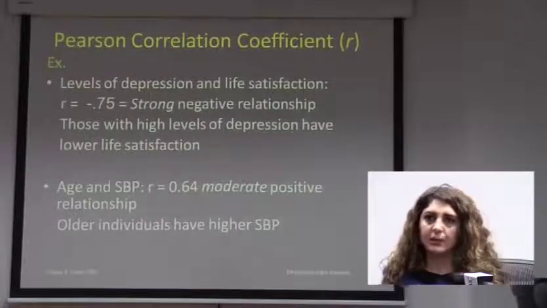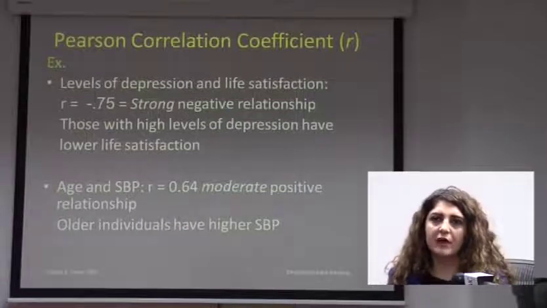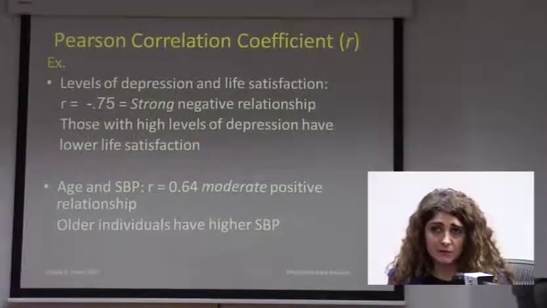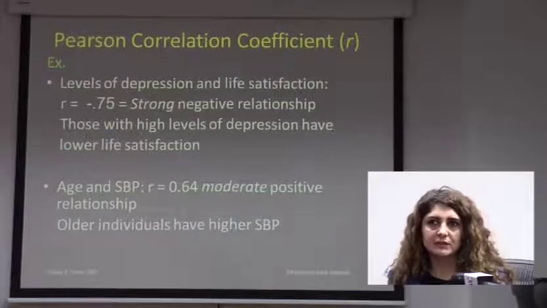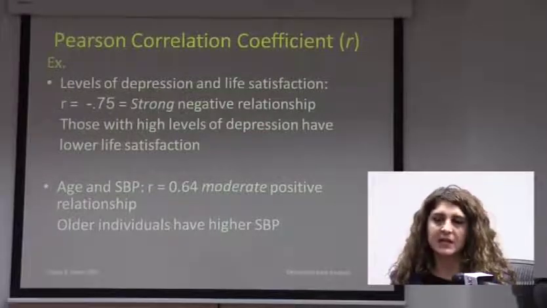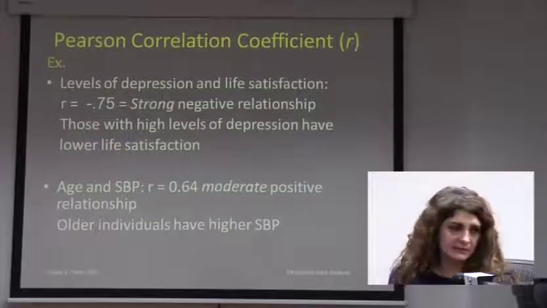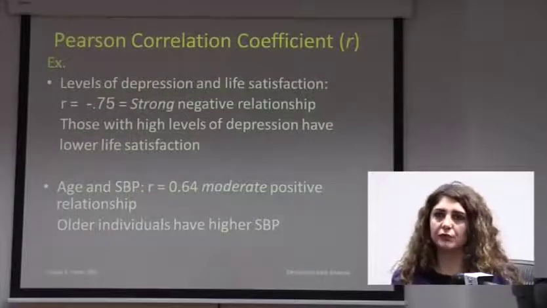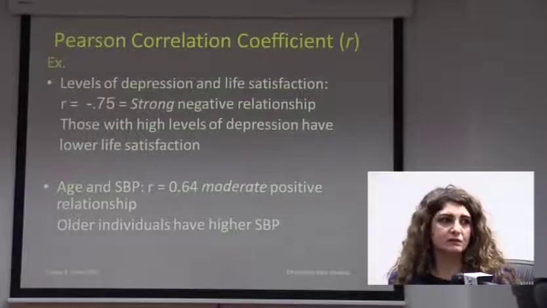If you look at a couple of examples for the correlation, for example, if you are finding the correlation between the levels of depression and life satisfaction, here I remind you that if I'm computing a correlation coefficient between those two variables, that means levels of depression, I'm measuring them on a scale. It's not depressed or not. So for example, I do the Beck Depression Index, I come up with scores for patients.